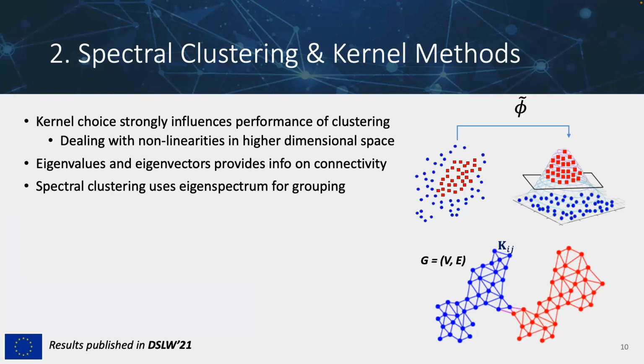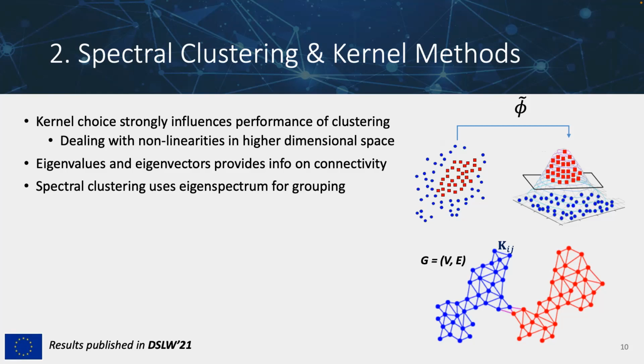And one of the important questions in spectral clustering is how to choose a kernel function. Because the idea in spectral clustering is that if you have some set of points in some dimension, it might be useful to apply some kernel function or transformation to the data set, transform it into a different dimension, and cluster in this different dimension.